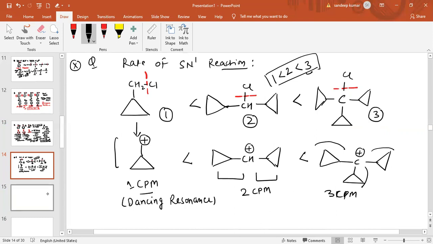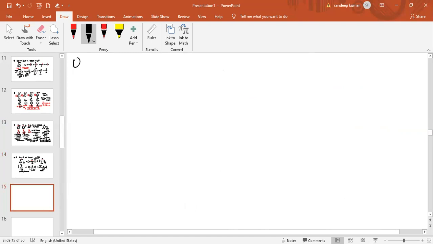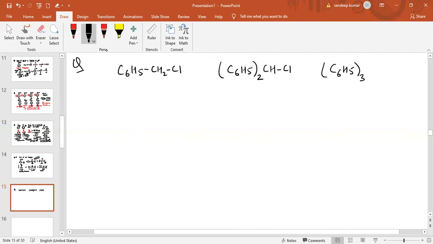Now see another question based on the rate of SN1 reaction. The compound given is C6H5CH2Cl. Another compound given is (C6H5)2CHCl. Another is given, (C6H5)3CCl.